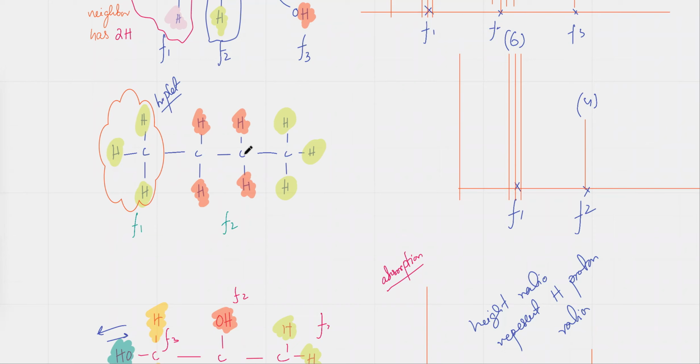How many neighbors do they have? If you look at these 2 hydrogens, the neighbor has 5 hydrogens, so it's going to be a multiplet peak. There would be many, many tiny peaks. Is this clear?